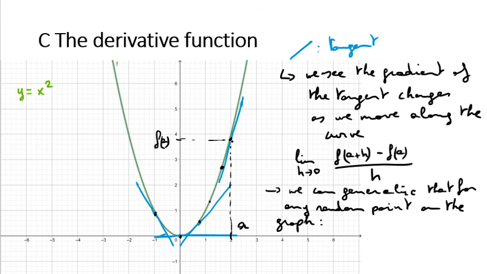So instead of a, we can have any random point on the graph, so any random x value. So instead of a, we have to write x. So again, the limit as h approaches 0 of f of x plus h minus f of x divided by h. So this is the gradient function, which gives the gradient of the tangent for any given value of x.